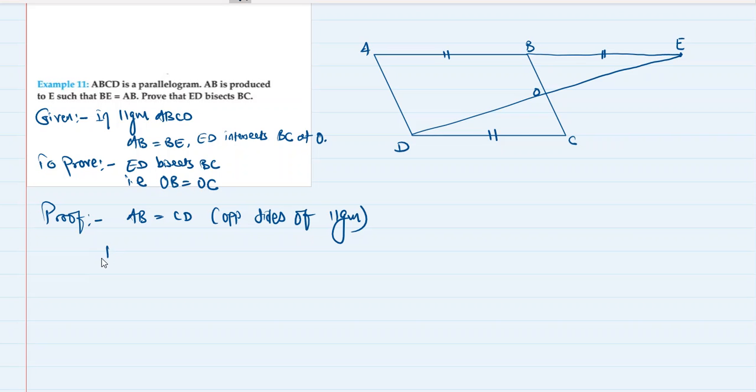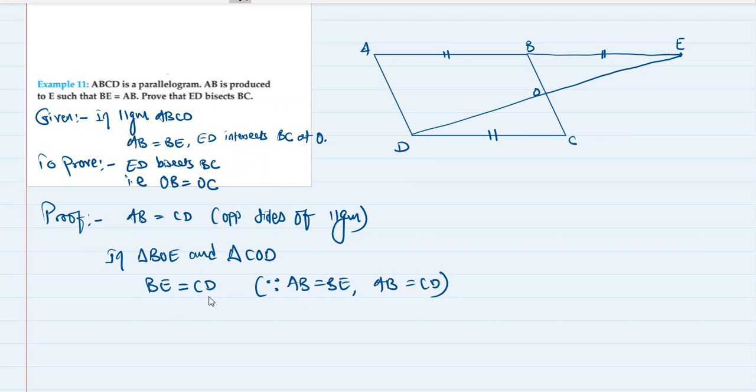In triangle BOE and triangle COD, BE is equal to CD. Why? Since AB is equal to BE and AB is equal to CD, therefore BE is equal to CD.